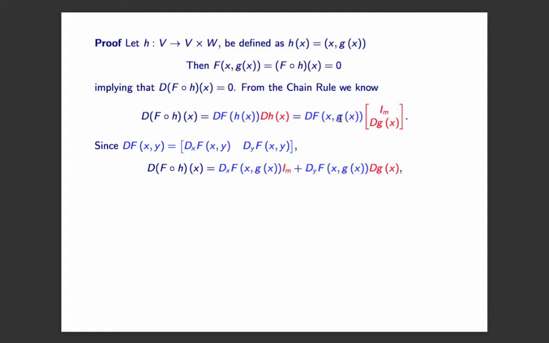And after I multiply this block 1 by 2 times this block 2 by 1, I get exactly this. So again, the derivative of f at h we're keeping in blue, and the derivative of h at x we're keeping in red, so you can track how they mingle.